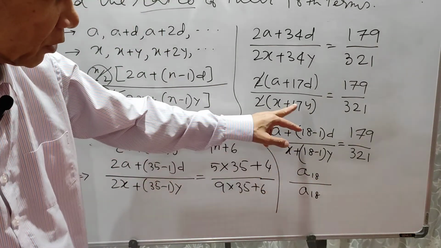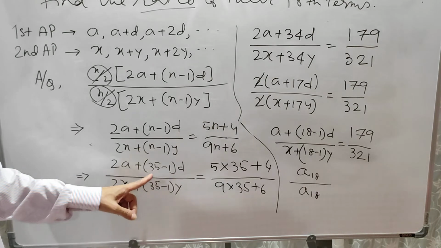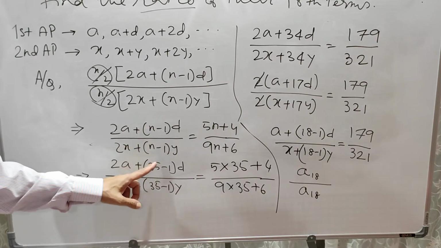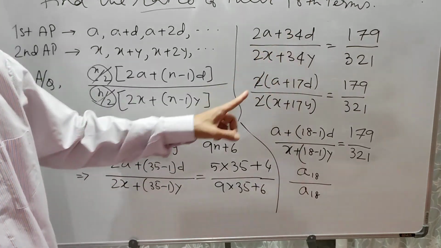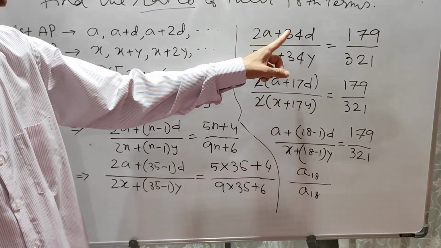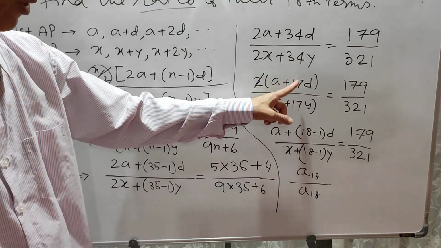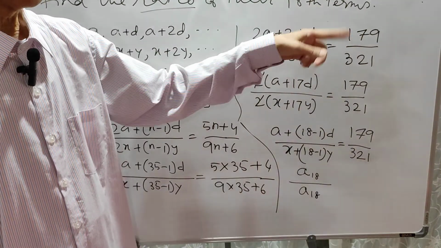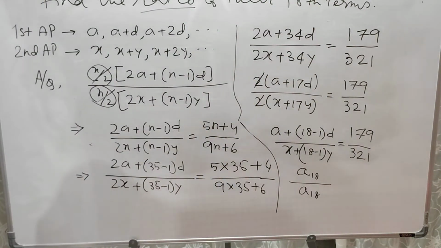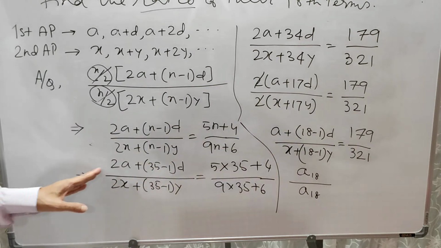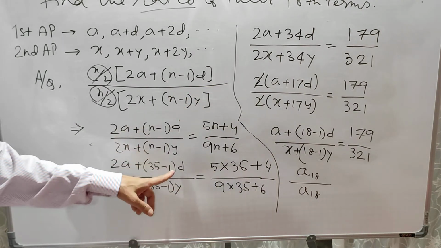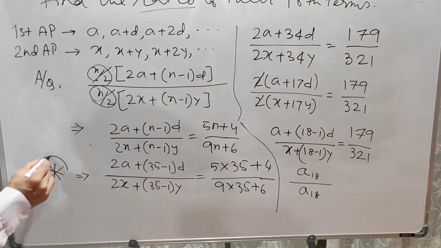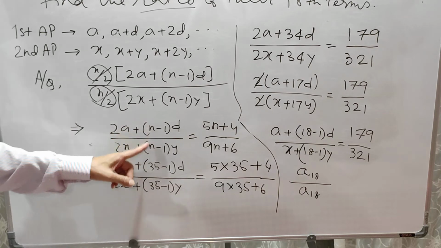Now see, in order to get 17, we put here 35. Now I hope this is clear. Why did we take 35? We took 35 because we want to get 34, because after taking 2 common, we should get 17. Why do we need 17? Because we have to find the 18th term. The 18th term is a plus 18 minus 1, that is 17d. So from here the step is very important, because you have to choose the value of n.